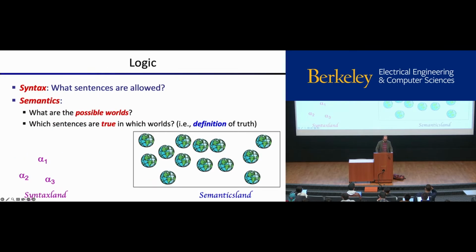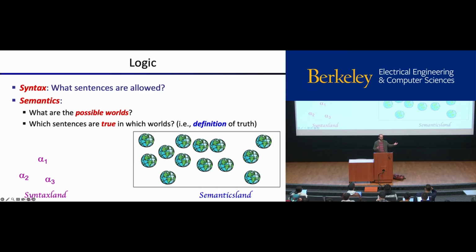Okay, to explain to you exactly how propositional logic works, I'll have to tell you about the syntax and the semantics. So logic is a bunch of sentences, and so we need to know what sentences are allowed. And then we'll need to know what possible worlds there are, and then which sentences are true in which worlds.